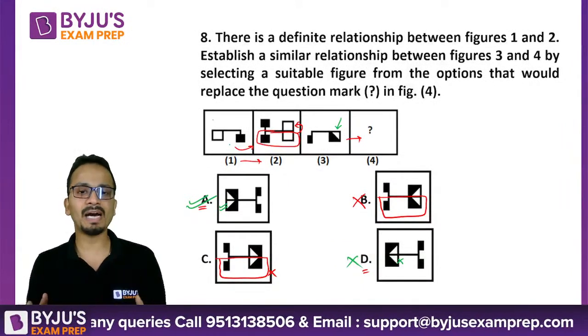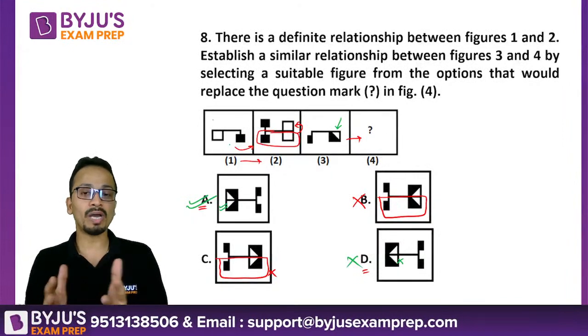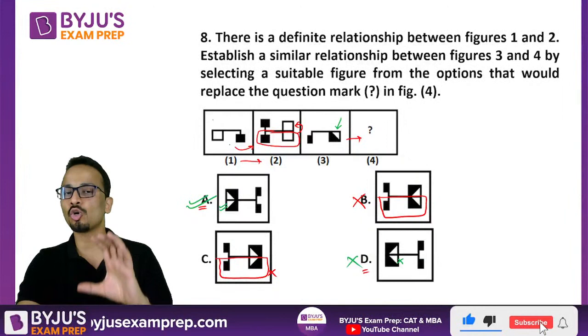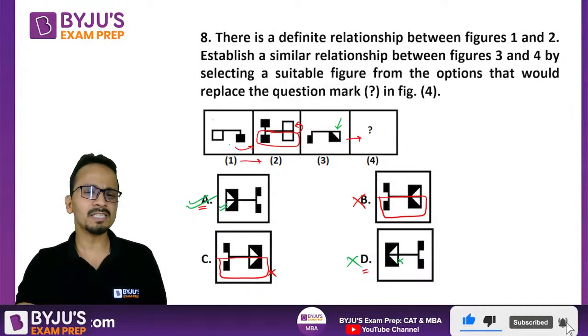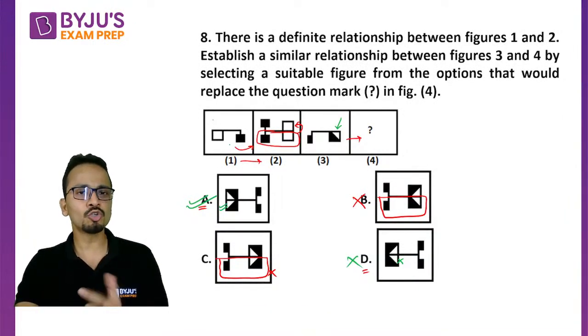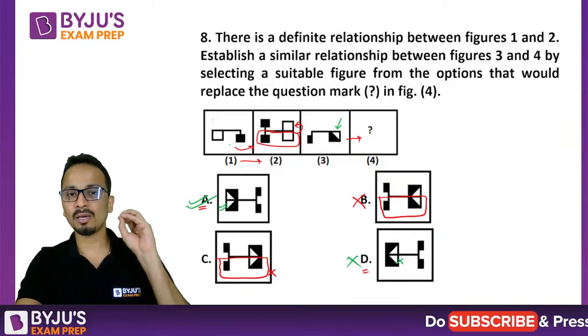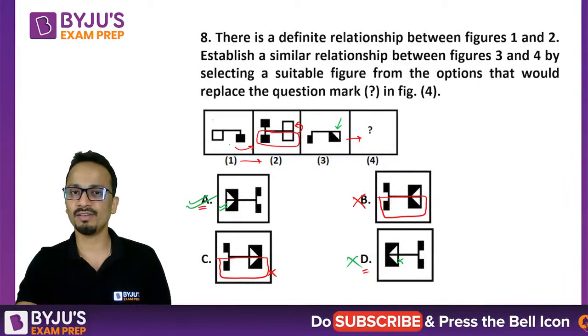We have to ask this question to ourselves while solving these questions. Mirror image, water image, rotation, all these things play a very important role in such questions, right? So all these things should be asked by yourself to yourself.